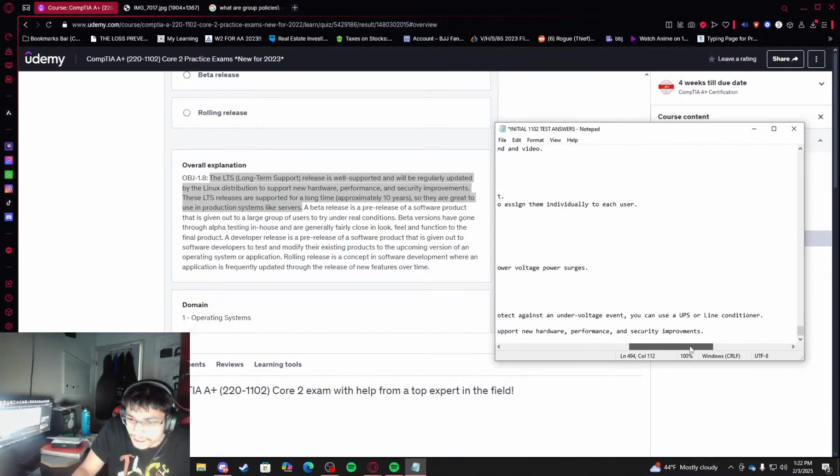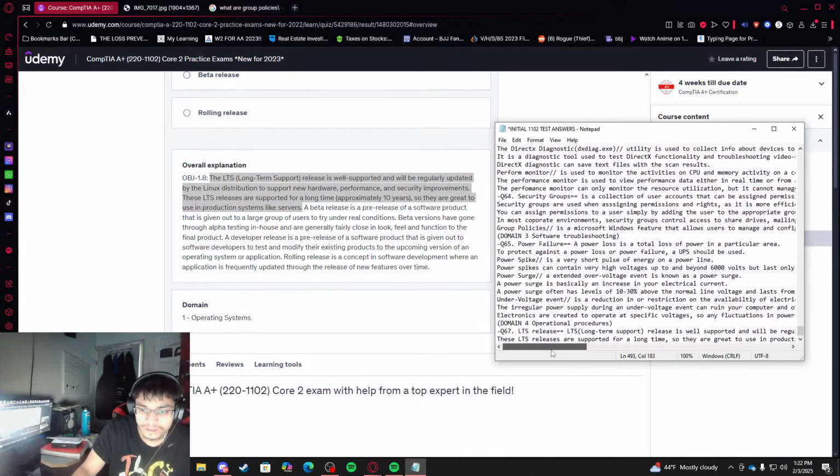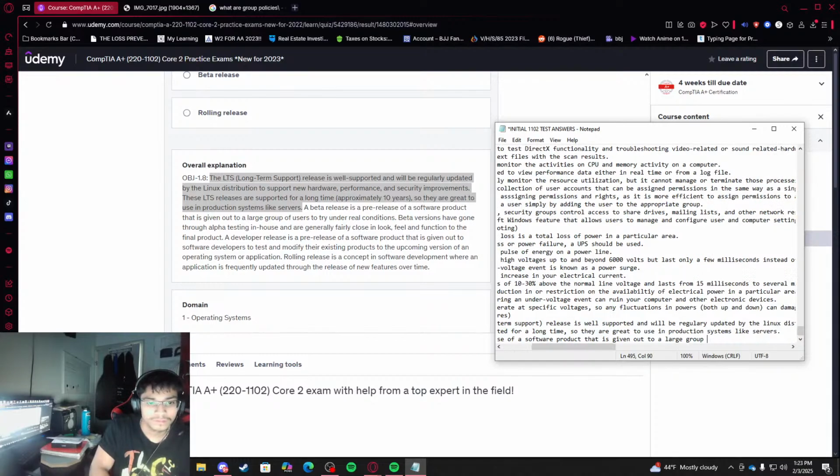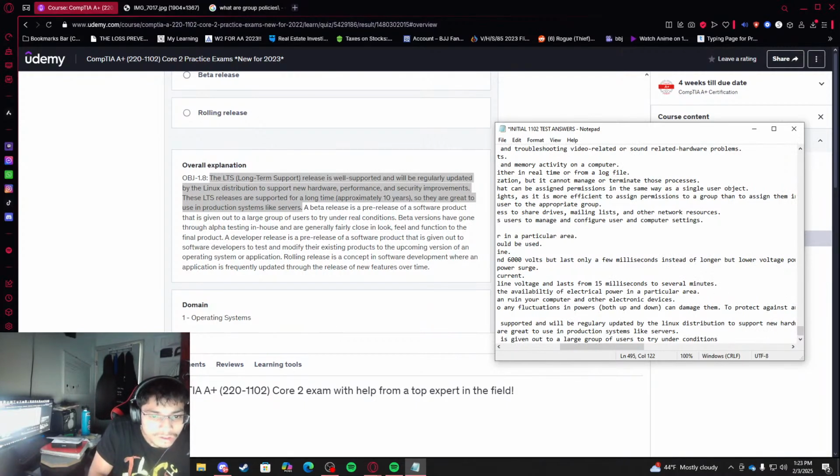Improvements, blah blah blah. Beta release. Okay, now it really makes sense. A pre-release of a software product to try under real conditions.